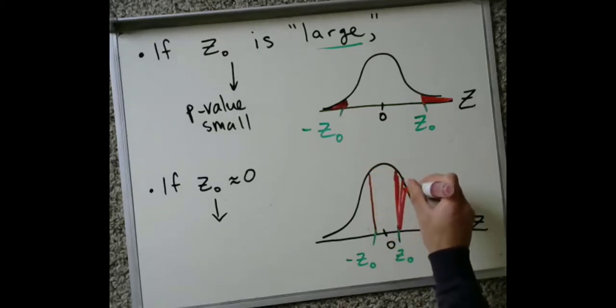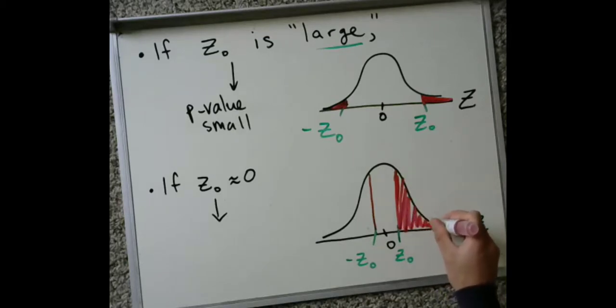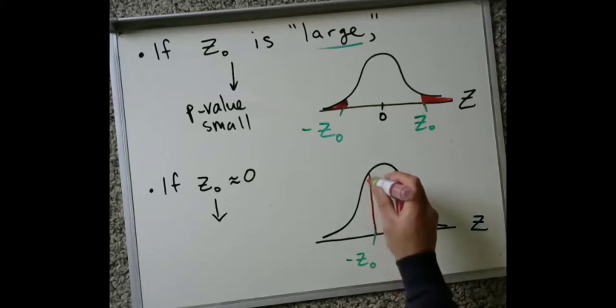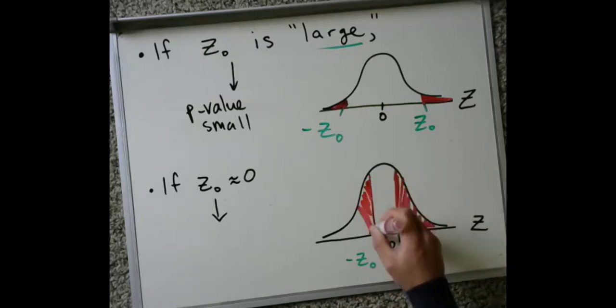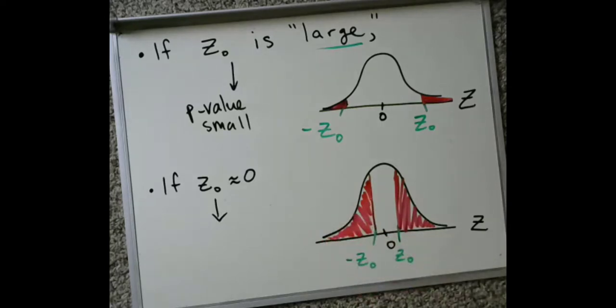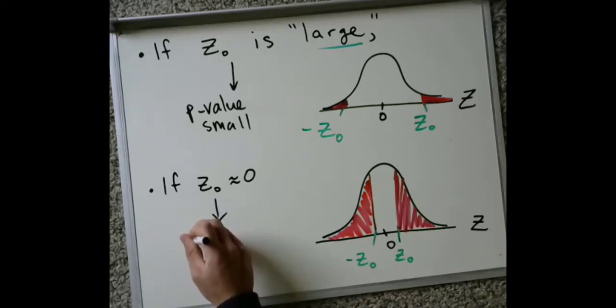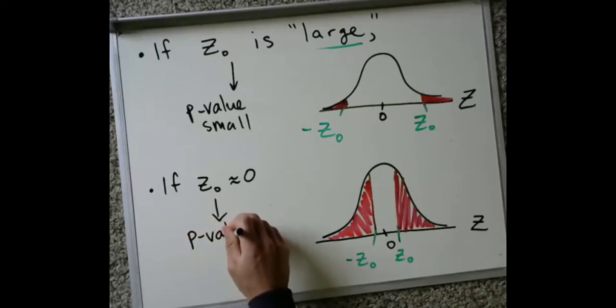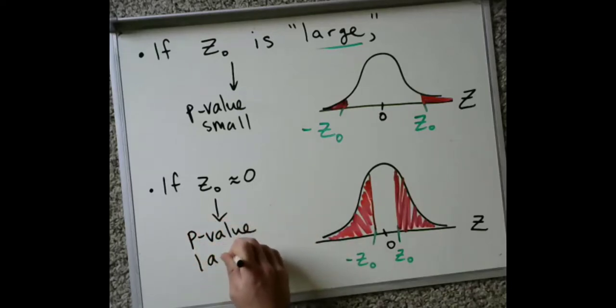It would be this whole shaded region. If it was right-tailed, just the right region. If it was left-tailed, just the left region. Two-tailed, both of them added up. So a test statistic near 0 is going to result in a p-value that is large.